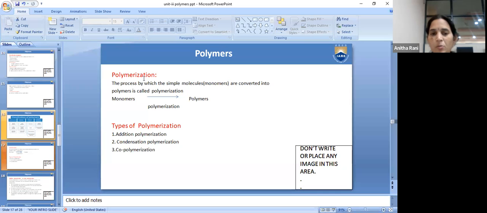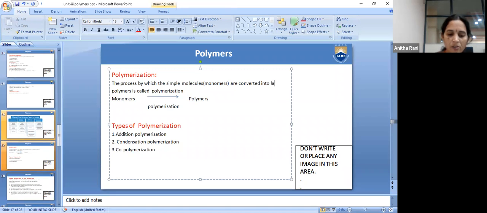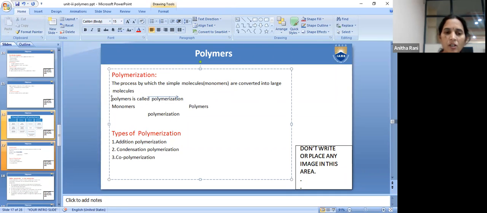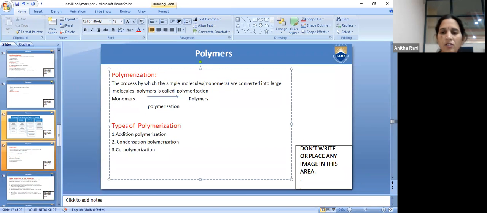The process by which simple molecules are converted into large molecules, in brackets write polymers. That is known as polymerization.